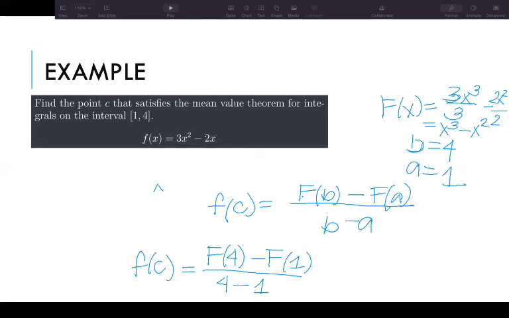This means that we need to get the value of x cubed minus x squared at x equals 4 and x equals 1. So we have, let's put an equal sign.